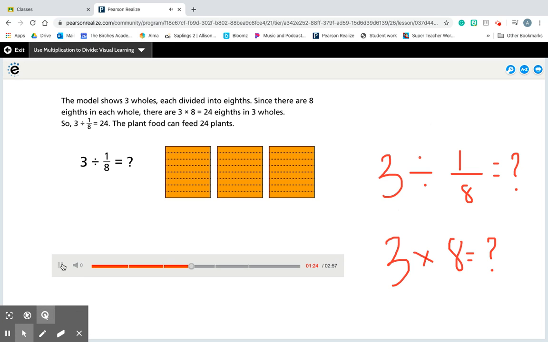The model shows 3 wholes, each divided into eighths. Since there are 8/8ths in each whole, there are 3 times 8 equals 24/8ths in 3 wholes. So 3 divided by 1/8 equals 24. The plant food can feed 24 plants.